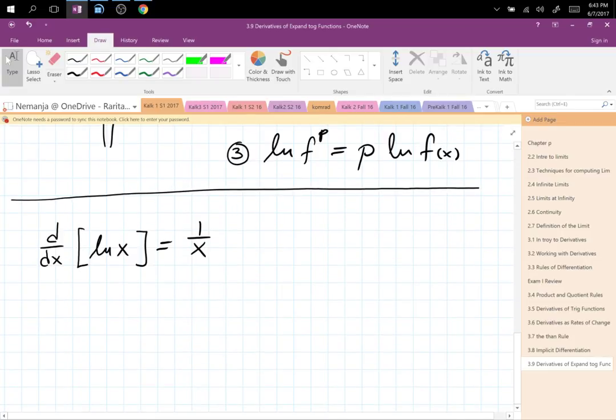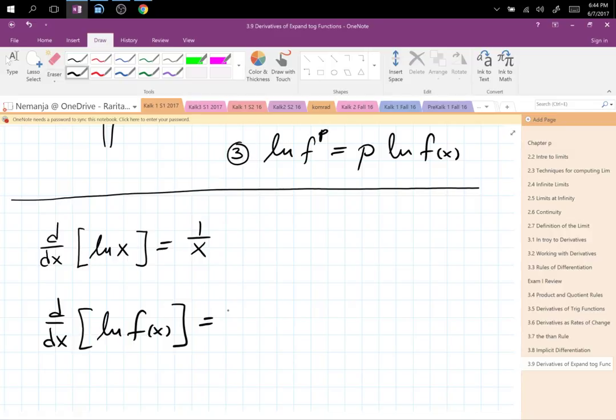Oh, we can do better. We can ask what is the derivative of ln of some random function f of x. What now? Yes? Times derivative, yes.